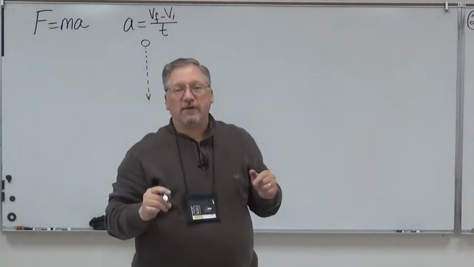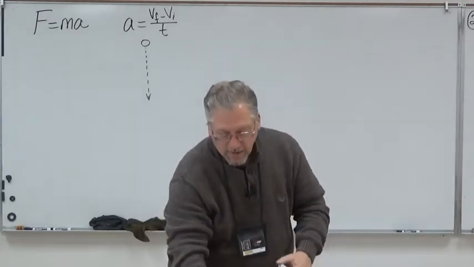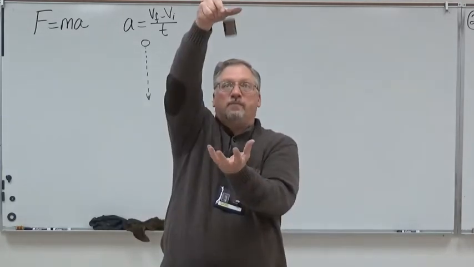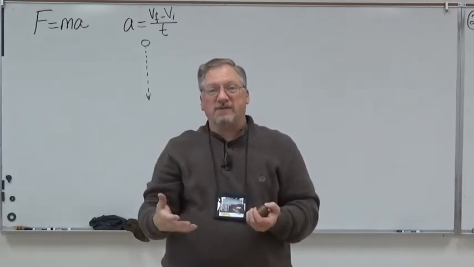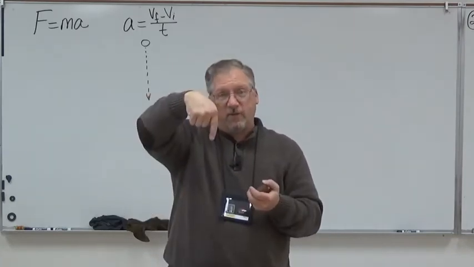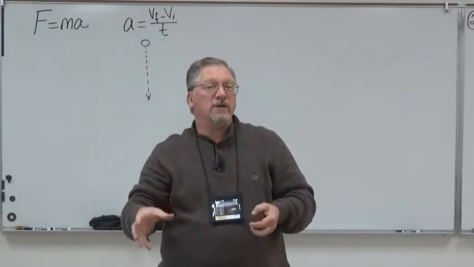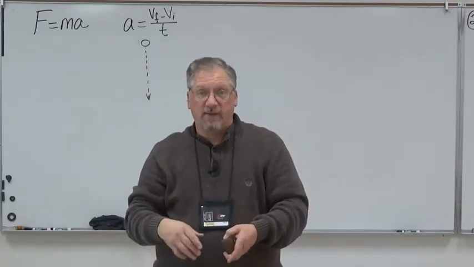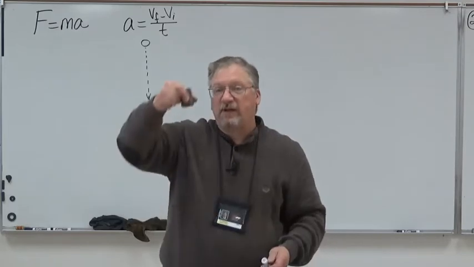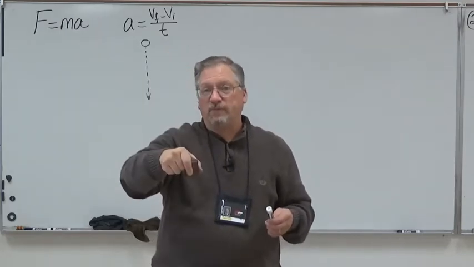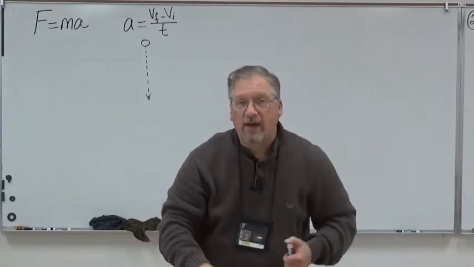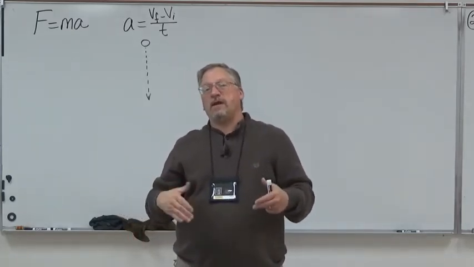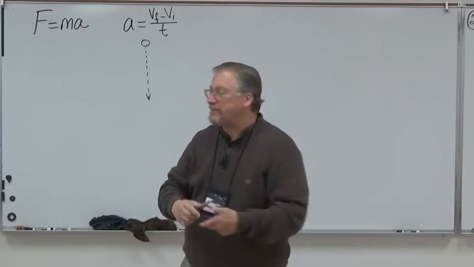Remember, we said that on Earth, every object that drops gets pulled down and it accelerates at negative, because it's going downward, 9.8 meters per second per second. So every second that an object on our planet drops without air friction, it will gain 9.8 meters per second every second.